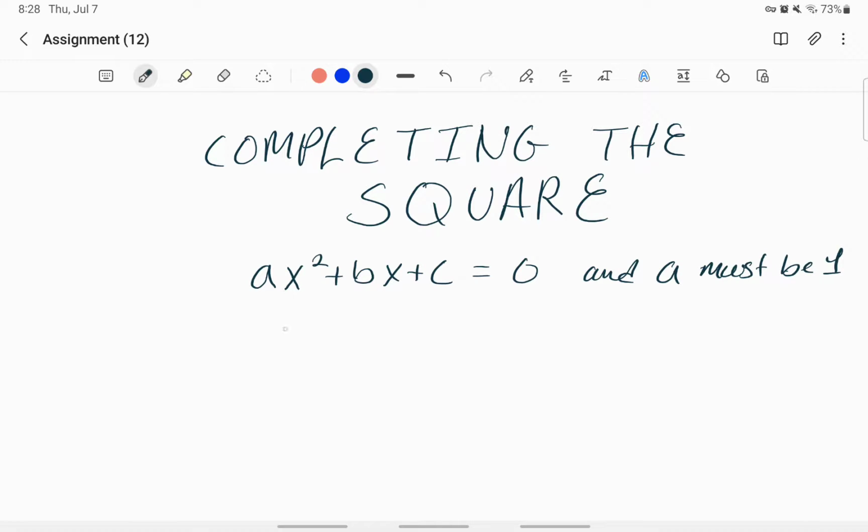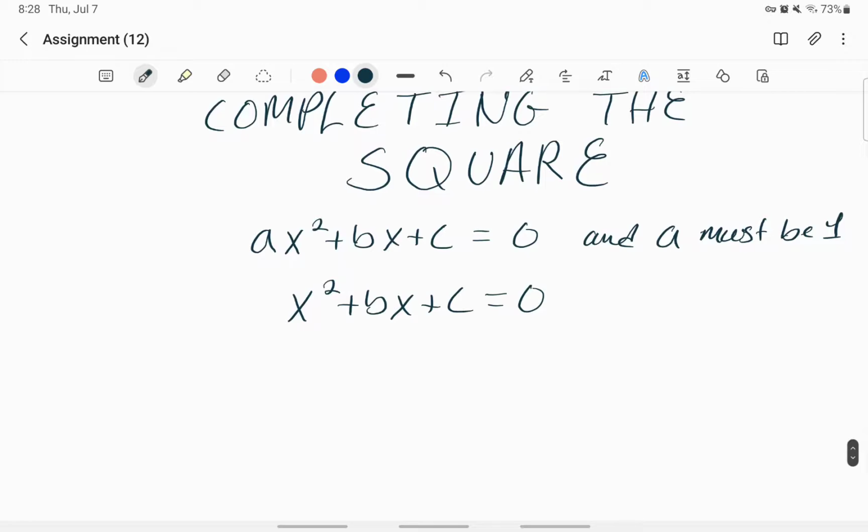So that means we're dealing with x squared plus bx plus c, which is equal to 0. And it asks you to solve by completing the square.